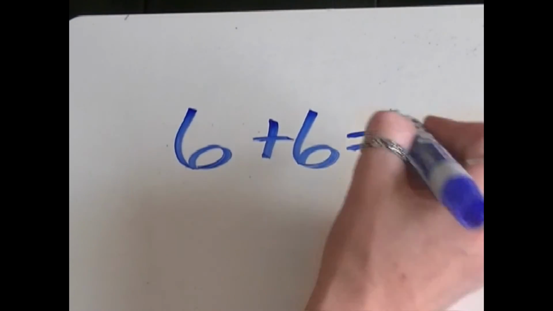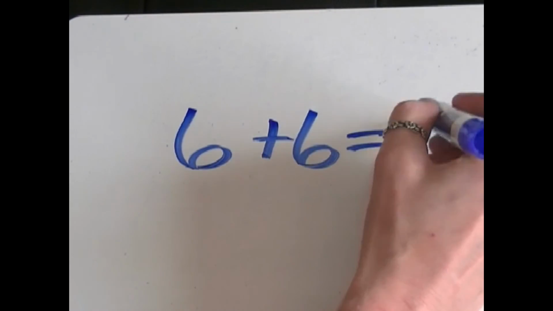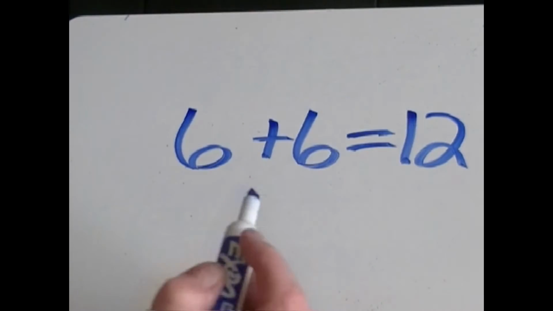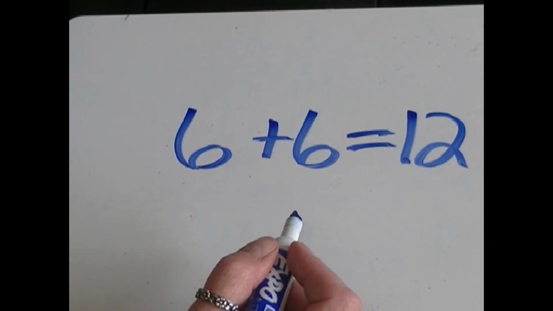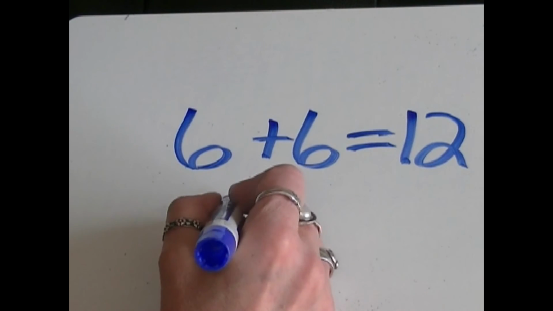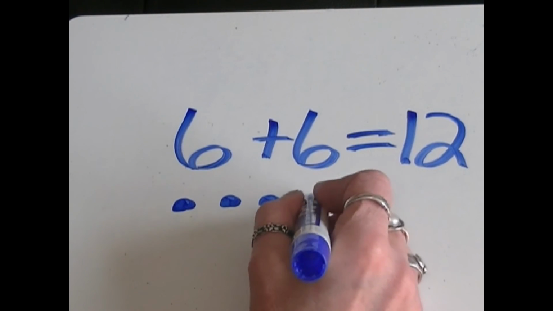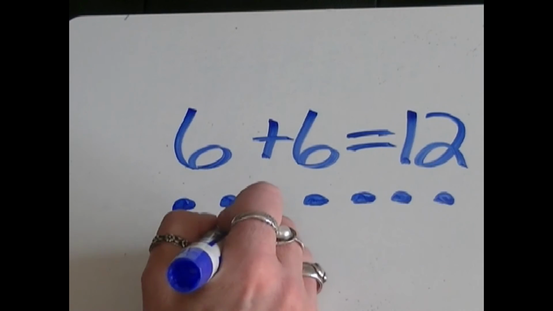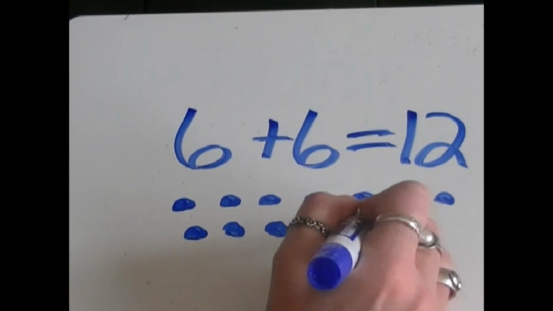6 plus 6, I know this one is 12. You said that faster than me. Nice job. Now let's try to see if 12 is going to be odd or if 12 is going to be even. Let's just draw her out since I don't have 12 fingers. 4, 5, 6, 7, 8, 9, 10, 11, 12.